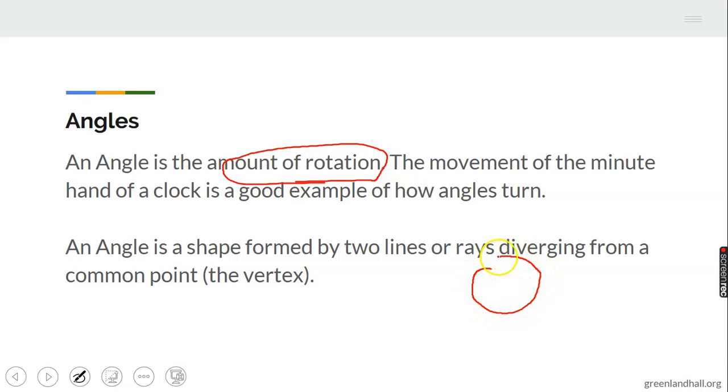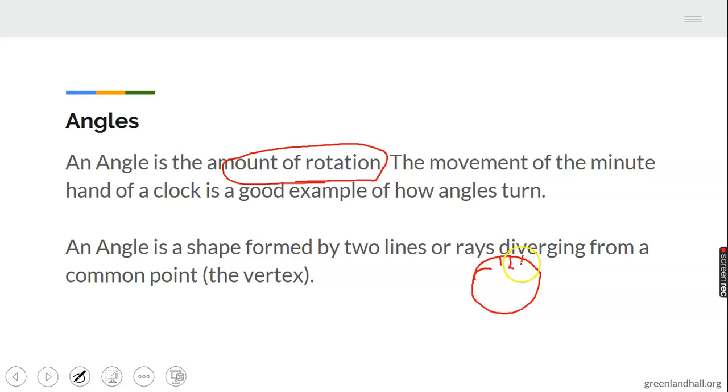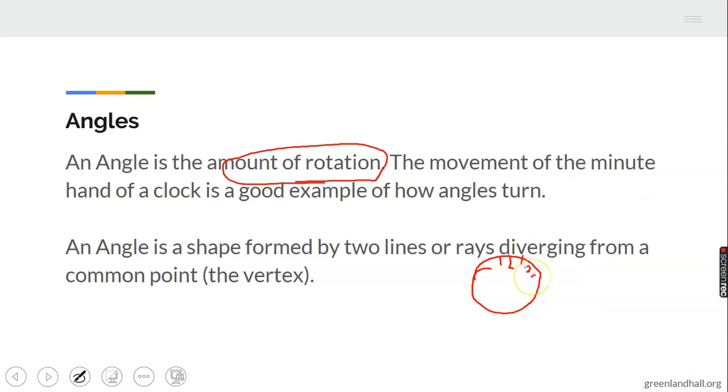If we have 12, we move to 1, 2, 3, 4, 5, 6. Now, if you want to have it this way, this is an angle. You can see the hand of the clock from 12 to 3 is an angle.